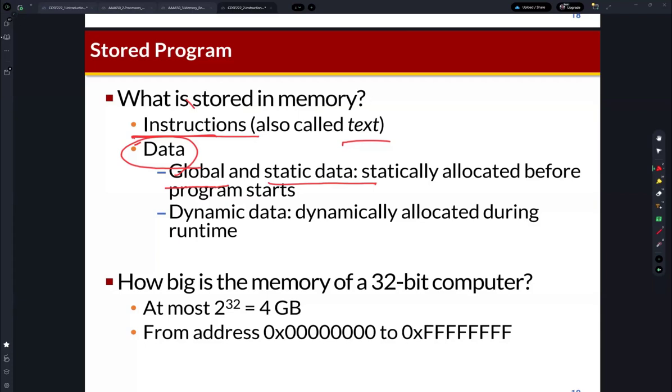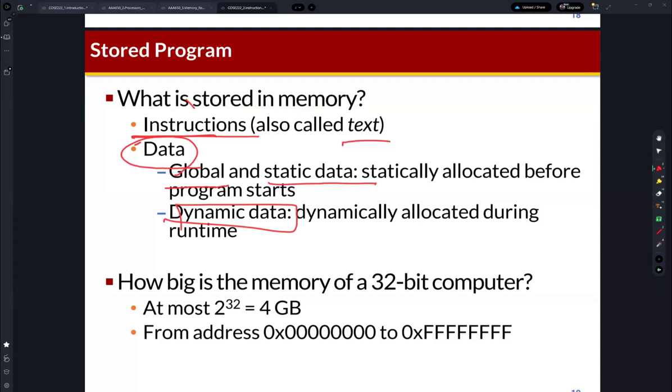Okay. Also, we can dynamically allocate data using commands such as malloc, memory allocation. So dynamic data is assigned to memory dynamically during runtime. So C is different from Python, and you can think that C is more difficult.